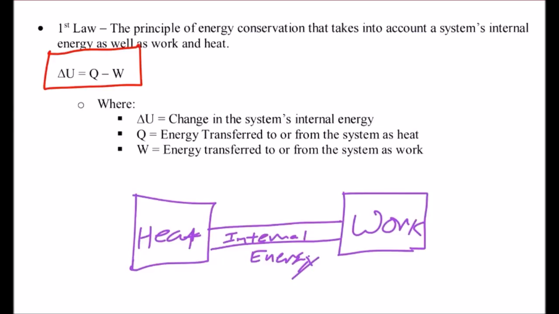Okay, so if you are going to convert heat energy into work, or if you're doing a lot of work on something and you're increasing the heat or the thermal output, then you're doing that through internal energy. You're going to either have to increase or decrease the internal energy of a sample in order to transfer energy from one side of this picture to the other side. Okay? Everybody got that?